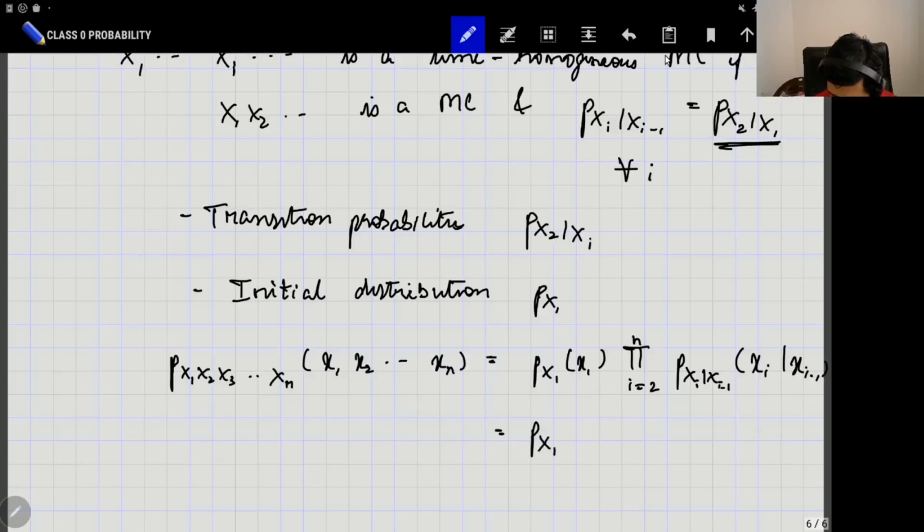Since this is time homogeneous, this is the product, i going from 2 to n, of p of x2 given x1 of little xi given little xi minus 1.